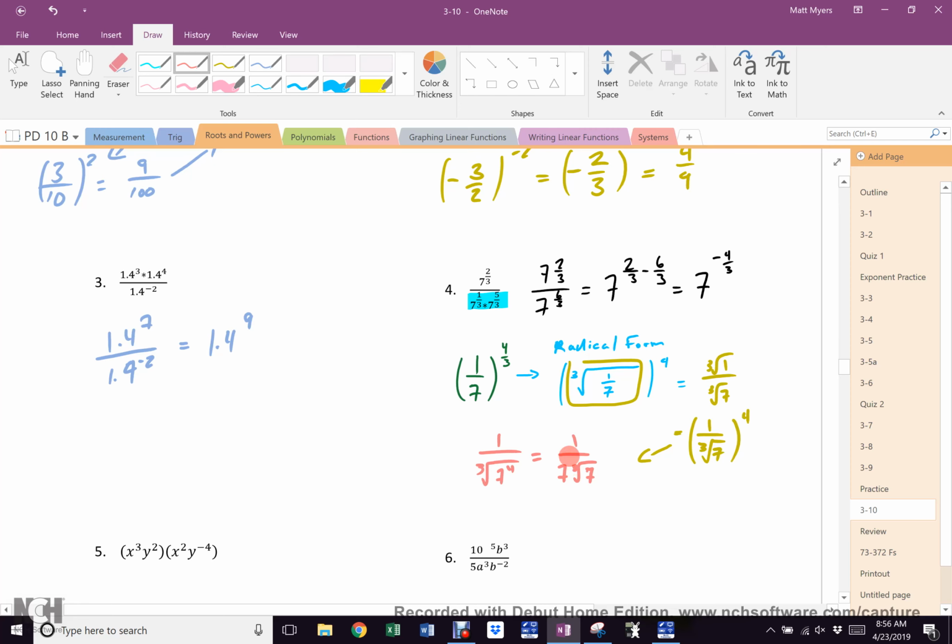At your level, I don't care what you give me if you follow some rules. If I say leave it as an exponent, you're going to leave it as dark green. If I say radical, you could leave it as gold. Or you could go all the way and get to here. Which one gets you the A? All 3, because all 3 are right.